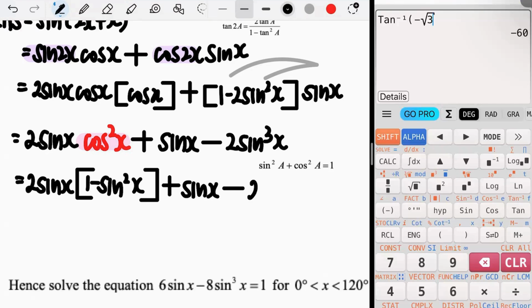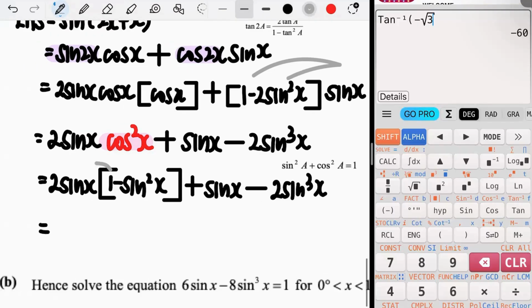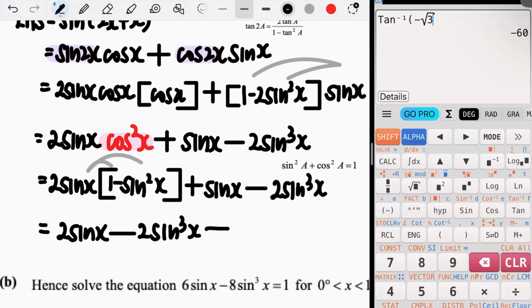Sine x minus 2 sine cube x. Rainbow again. So from here, this is 2 sine x minus 2 sine cube x. Then plus sine x minus 2 sine cube x from here.